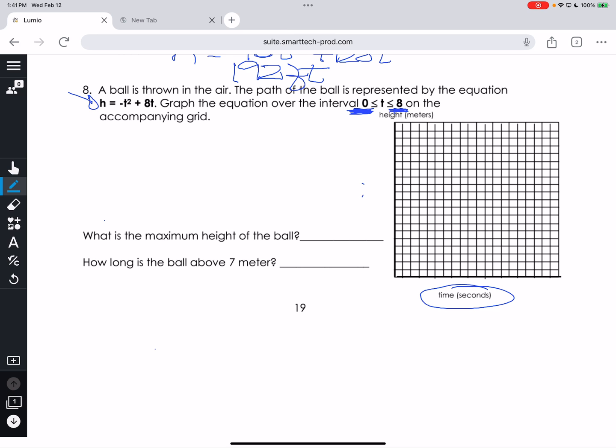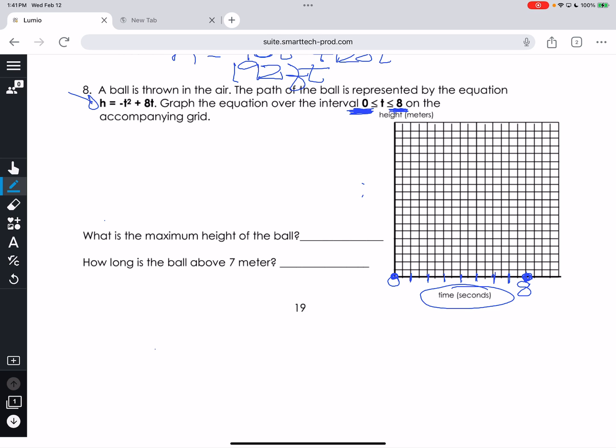So here is 0, and then I have a mark here, 2, 3, 4, 5, 6, 7. I'm skipping lines so that it's not so cluttered. It's too small when I try to do them side by side, so I spread it out so it's easier to see. Now when I make the y-axis marks, I'm going to do every one, because the numbers we get will go off the board if I do every other one.